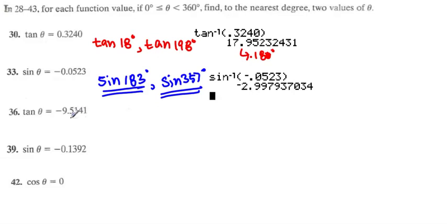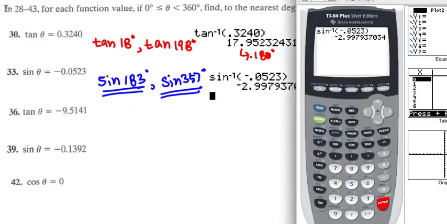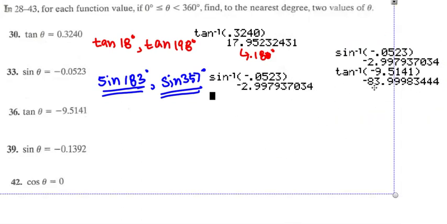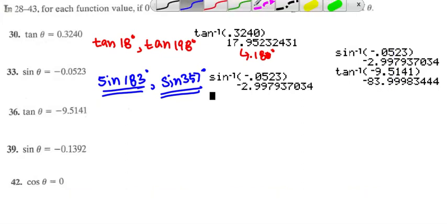How about tangent? Tangent is negative. That means we're looking at second and fourth quadrant. And using a calculator, we can see that second tangent of negative 9.5141. And if you press enter, then we end up getting something like this. And as you can see, the angle that we are looking at is 84 degrees.